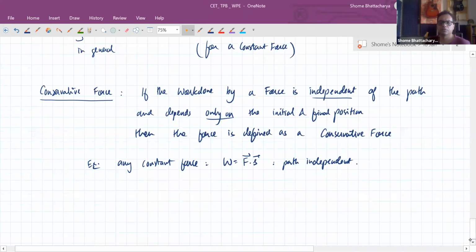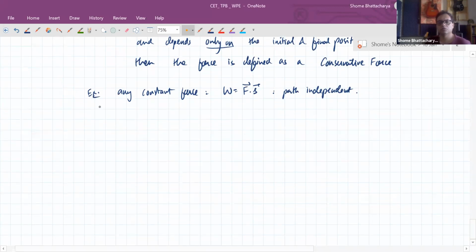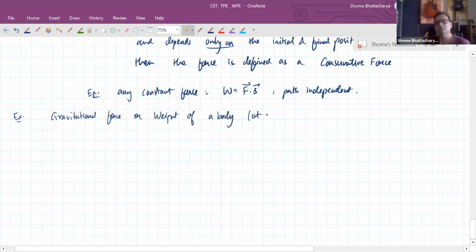So for example, gravitational force, or what we call the weight of a body at the Earth's surface. Of course, we're talking about that. It's a constant force.